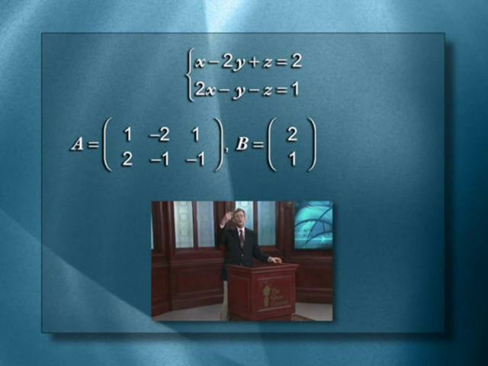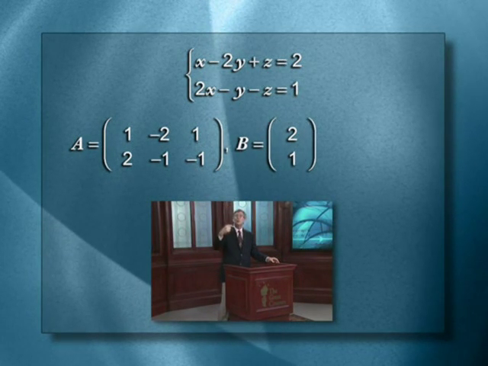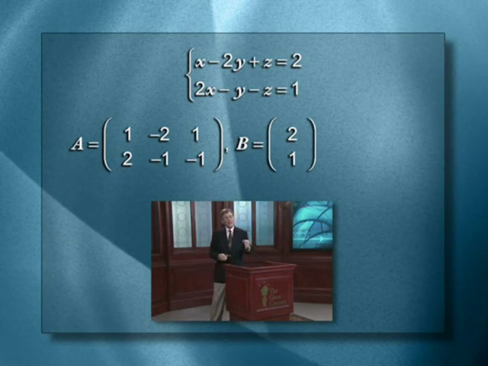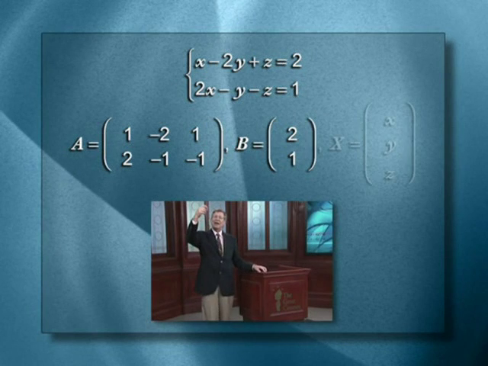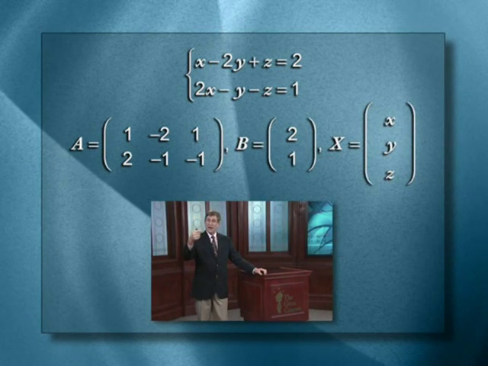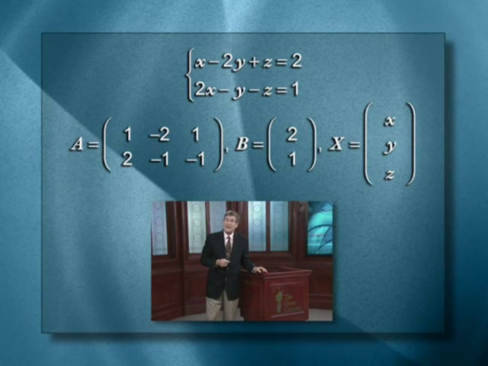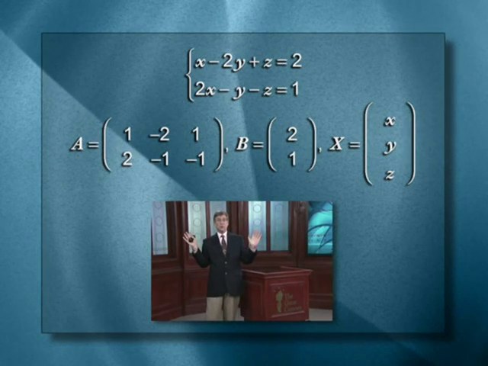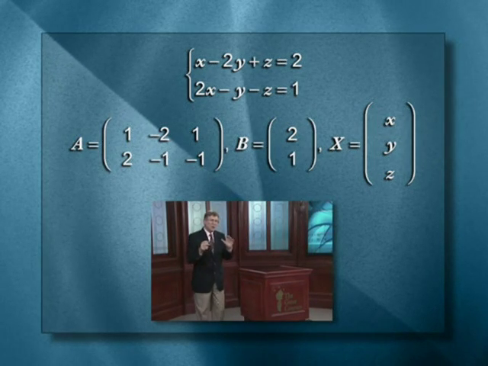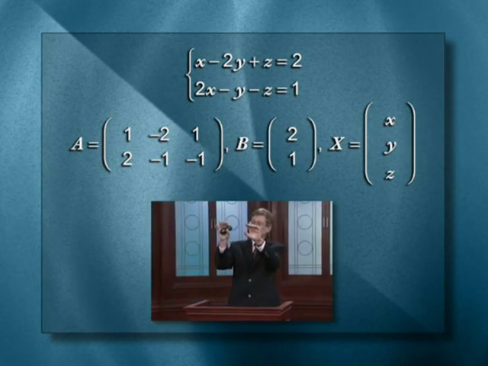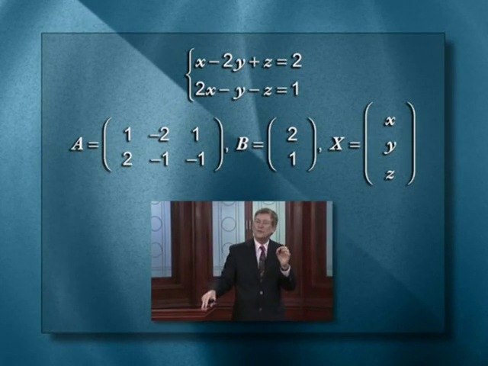Now let B be the matrix of the right-hand side. The right-hand side is 2, 1. So I'm going to write B as a column matrix, 2, 1. And then we have these unknowns, x, y, and z. So I'm going to call that column matrix x, y, z equal to, say, capital X. That's kind of like the matrix of the unknowns, because we're trying to find x, y, and z, aren't we? So now we're going to express this linear system using this fancy matrix multiplication.